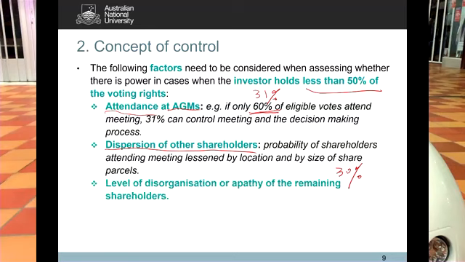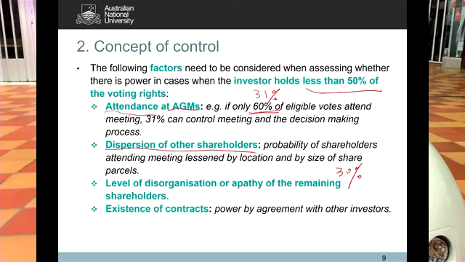All right. And another one is the level of disorganization or apathy of the remaining shareholders. They don't always vote together. There is no organization of their voting rights. Sometimes they may have, but in the case they don't, you don't need to have 50% to have your say matter.